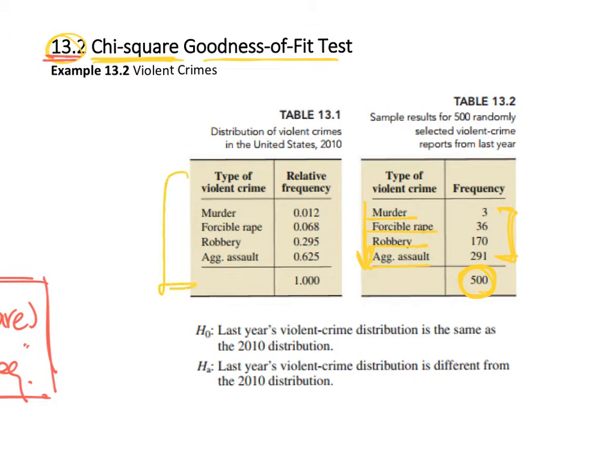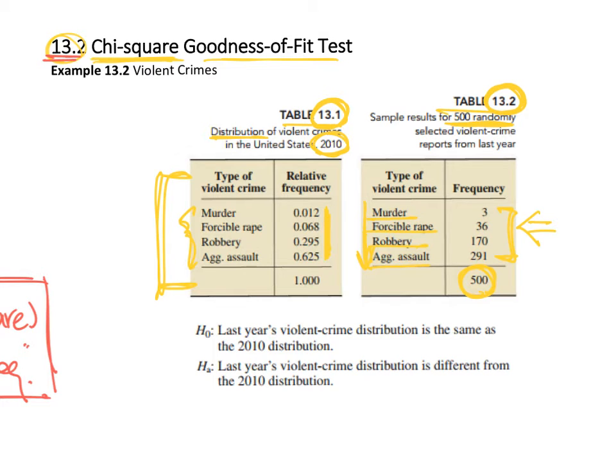But this one is another distribution, with the same 4 categories, the 4 types of violation in 2010. Table 13.2 is the frequencies from the 500 random sample, while table 13.1 is the distribution in 2010.